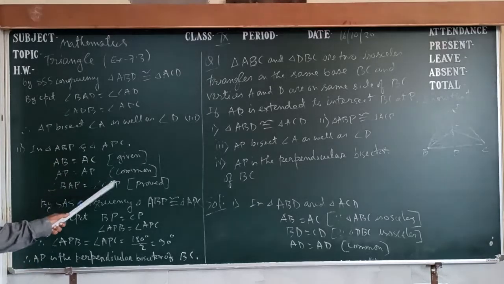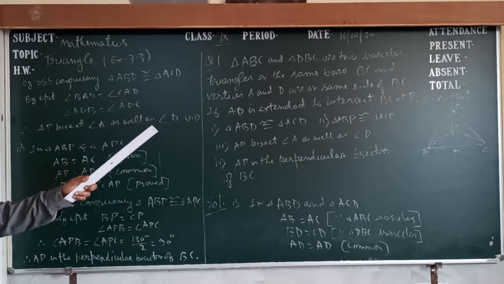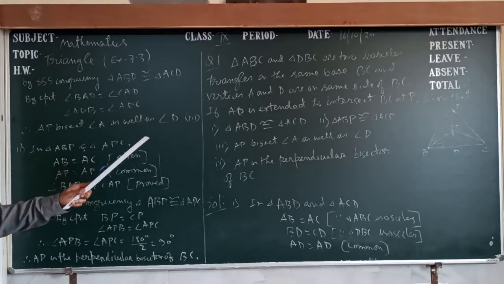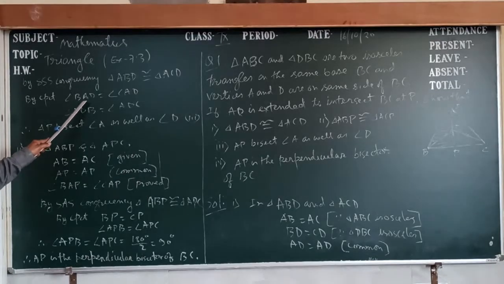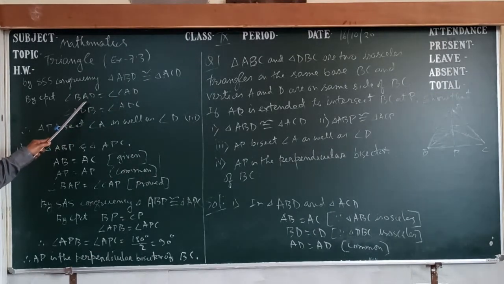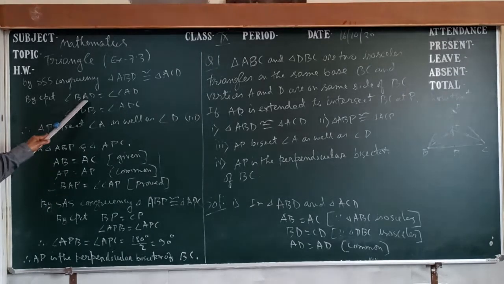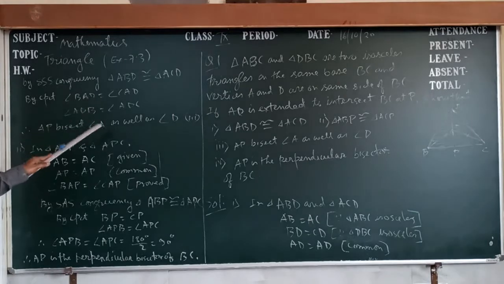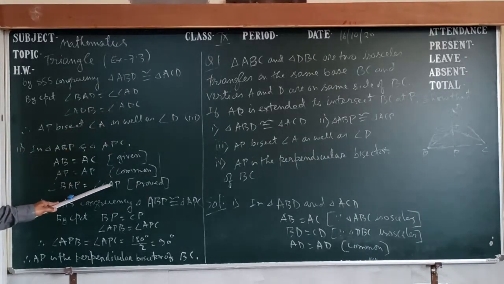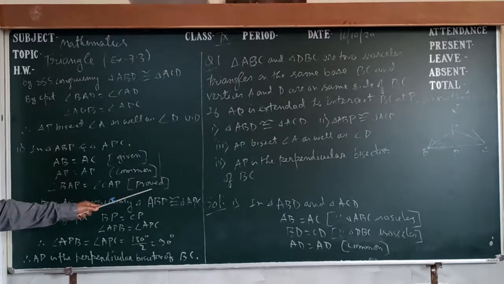Angle BAP is equal to angle CAP. Why? Earlier we proved angle BAD and angle CAD are equal, and BAD and BAP are the same angle, and CAD and CAP are the same angle. Look at the figure. So these angles are equal, already proved.